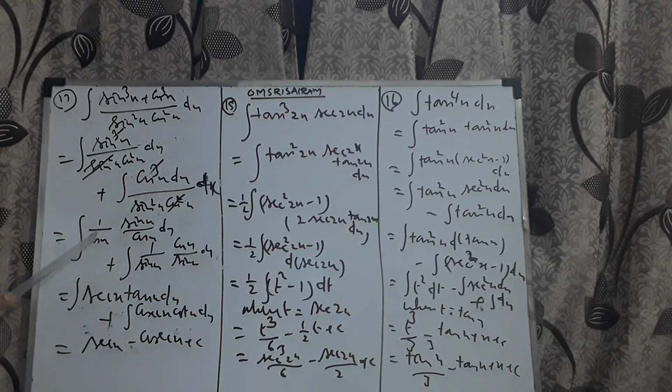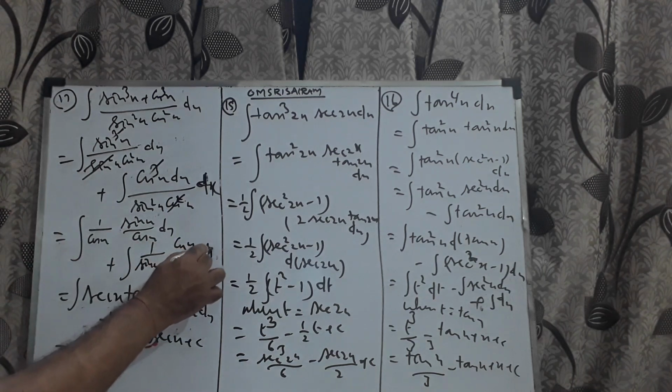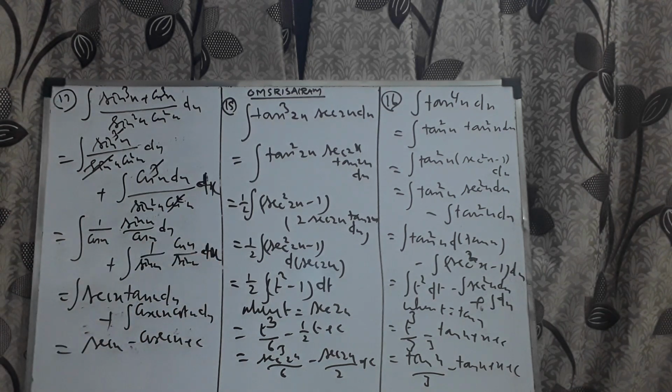I write it as 1 by cos x into sin x by cos x dx plus 1 by sin x into cos x by sin x dx. Just for the sake of convenience, I do it like this so that it will be written as secant x tan x. Here it is cosecant x cot x. Integral secant x tan x is secant x. Integral cosecant x cot x is minus cosecant x, because the derivative of secant x is secant x tan x, and the derivative of cosecant x is minus cosecant x cot x. Therefore, integral cosecant x cot x becomes minus cosecant x.